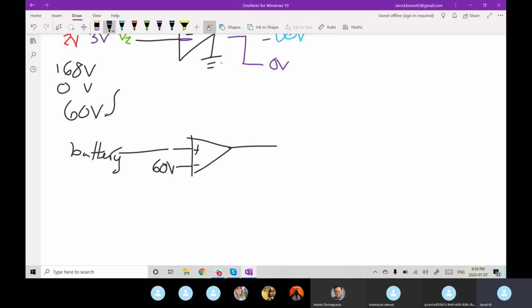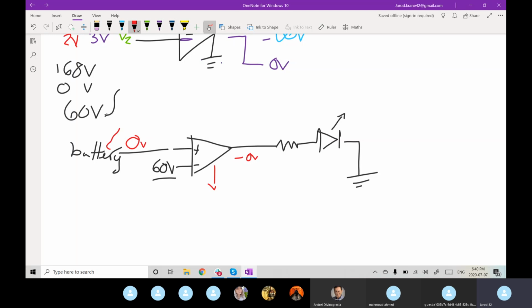But in the simplest form, we have our LED. So while our battery is not connected, we'll see 0 volts. So we see our negative pin is greater, so it wants to just slam down to the negative supply. So we're going to just output 0 volts. LED stays off.